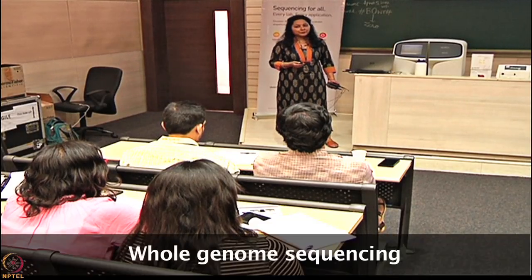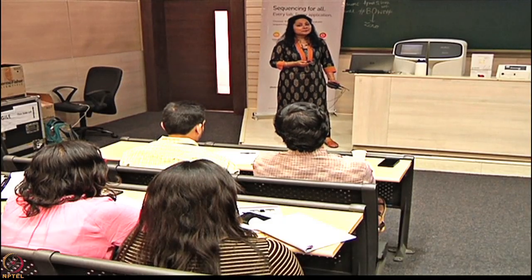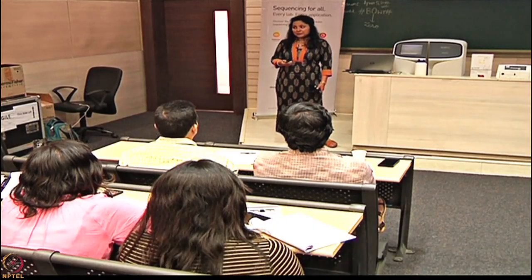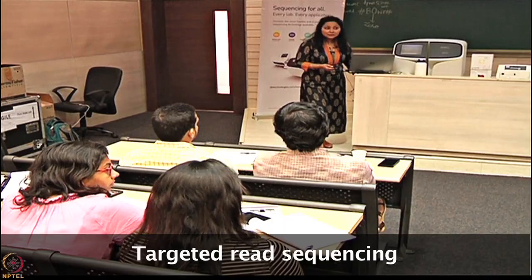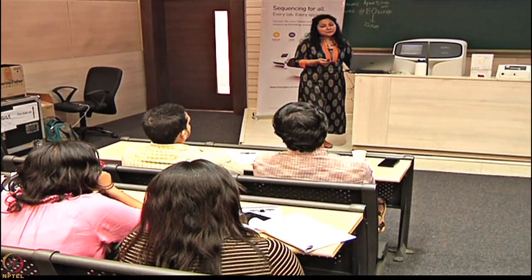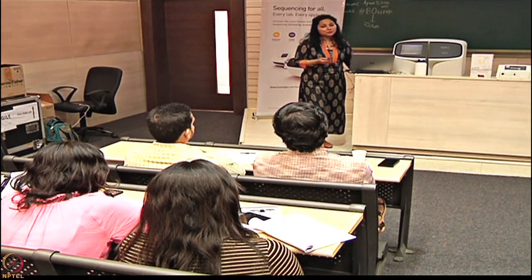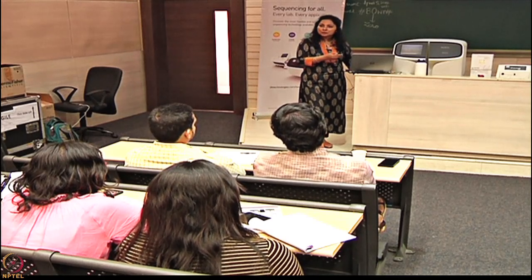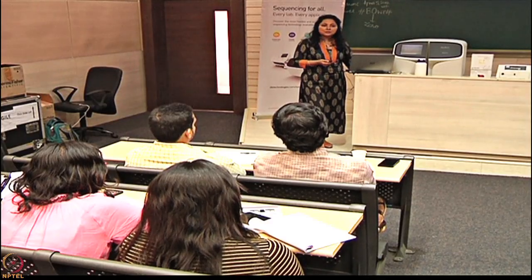DNA as a sample. Whole genome sequencing, yes. Plasmids, yes. Targeted resequencing. Targeted resequencing is basically when you do not want to sequence the whole genome, you just want to sequence some targeted regions of the genome.